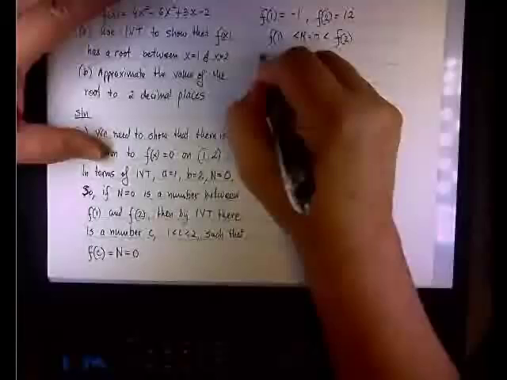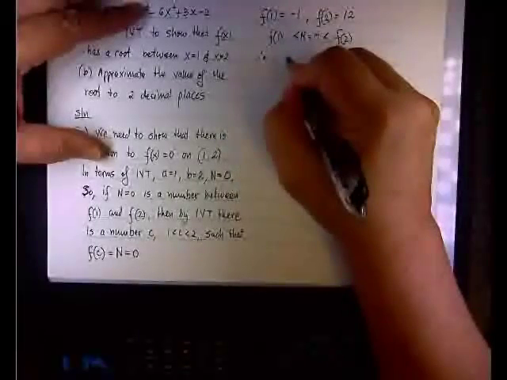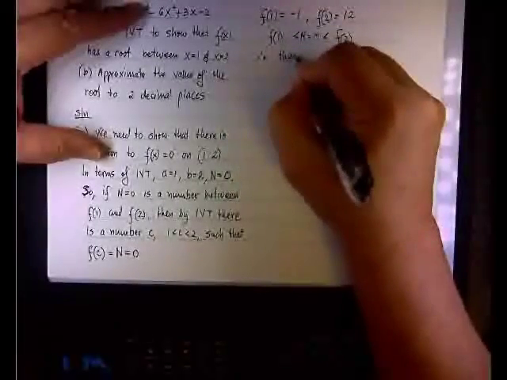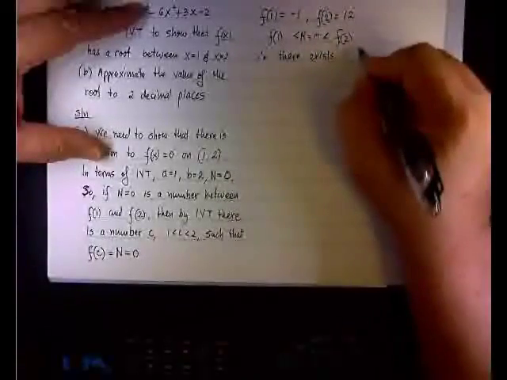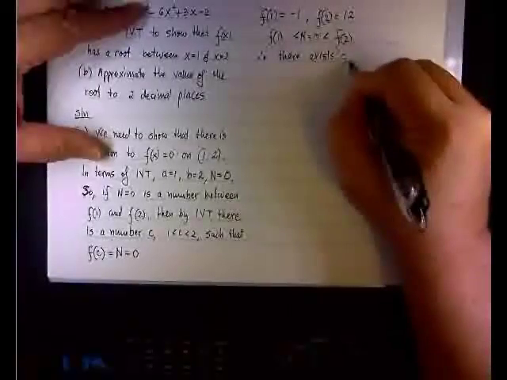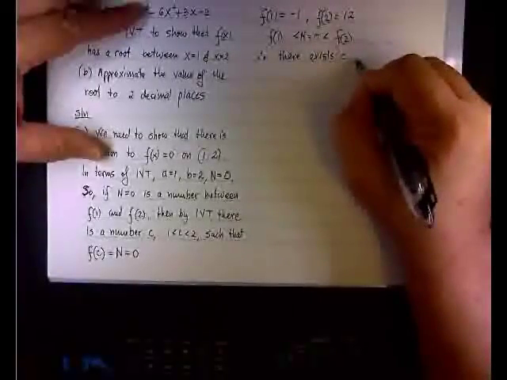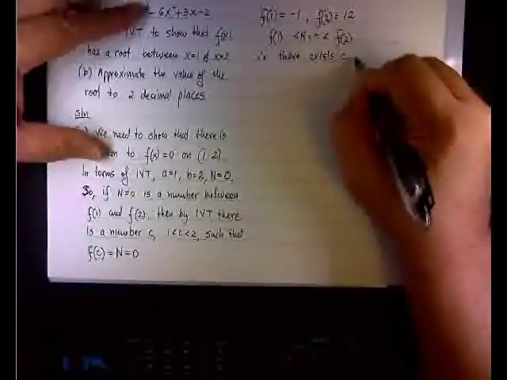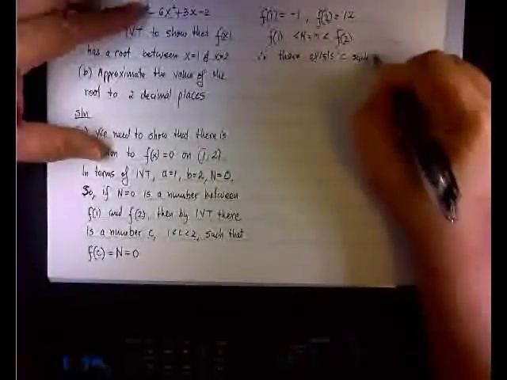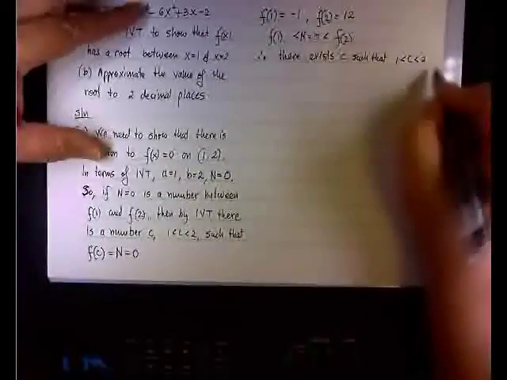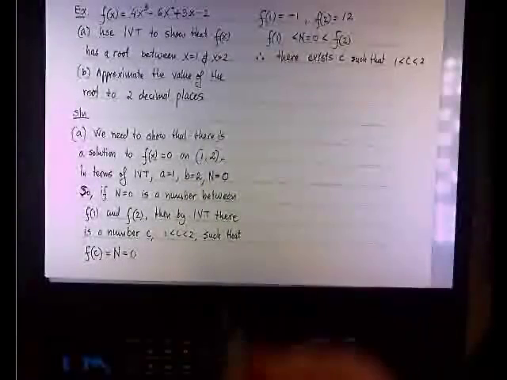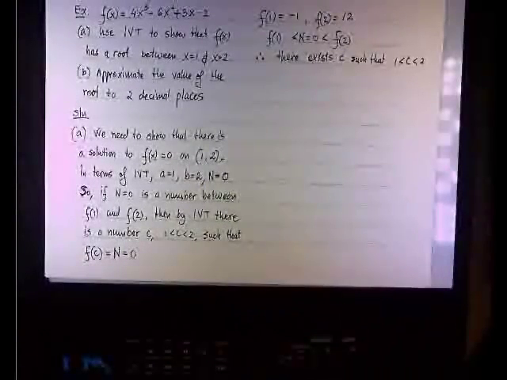And therefore, we can say there exists c such that c is greater than 1 but less than 2. So we finish part A. We show that this function has a root.